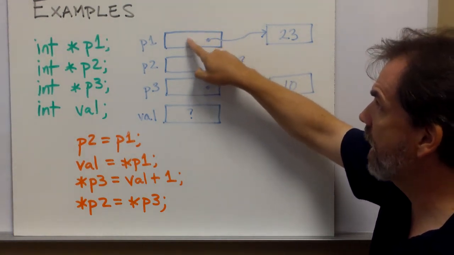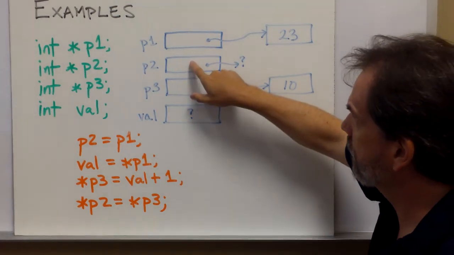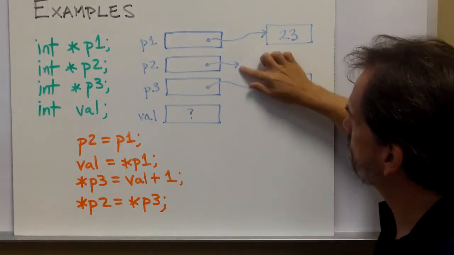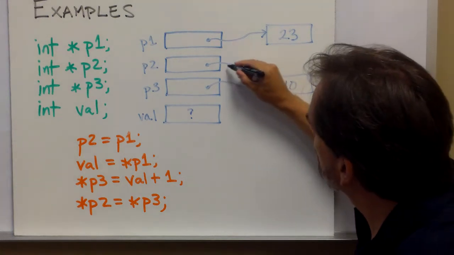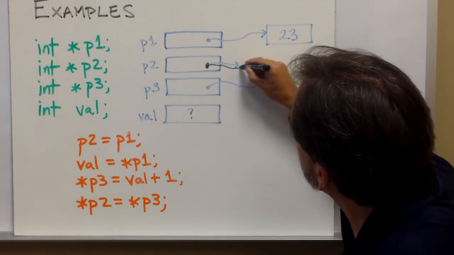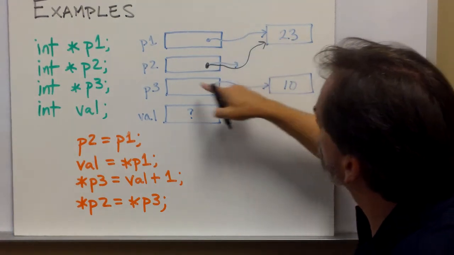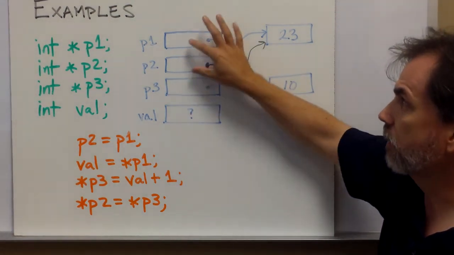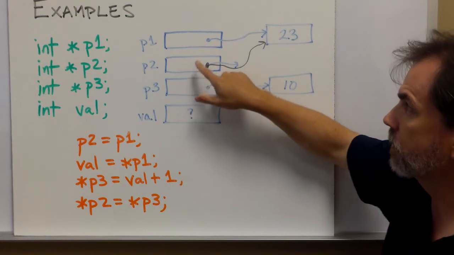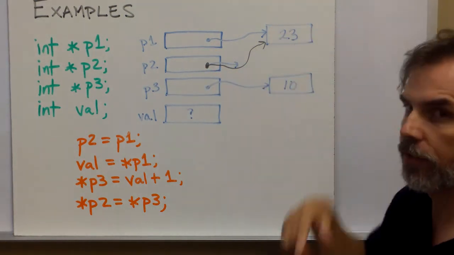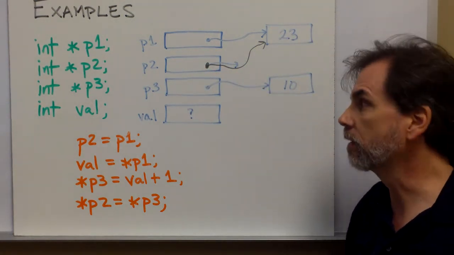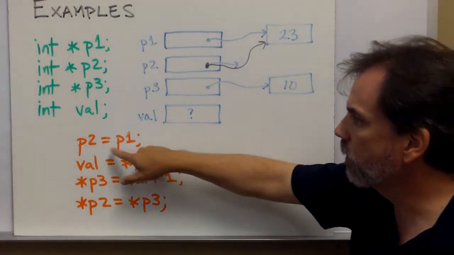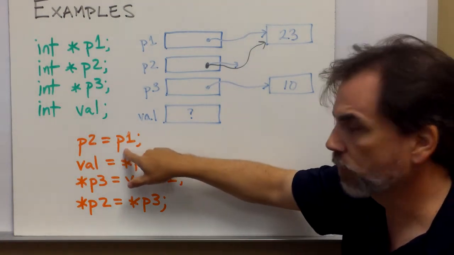We put this value, which is a pointer, and we copy it into p2, which means that now p2 points to the same memory location. It has the same value, the same address as here and here, so they each point to this other arbitrary memory location. Okay? So when we do this, we're copying the actual pointer.